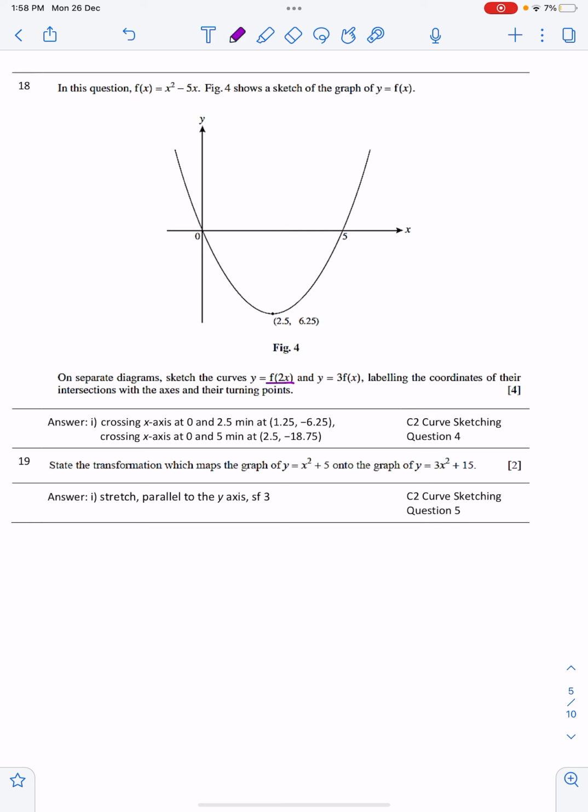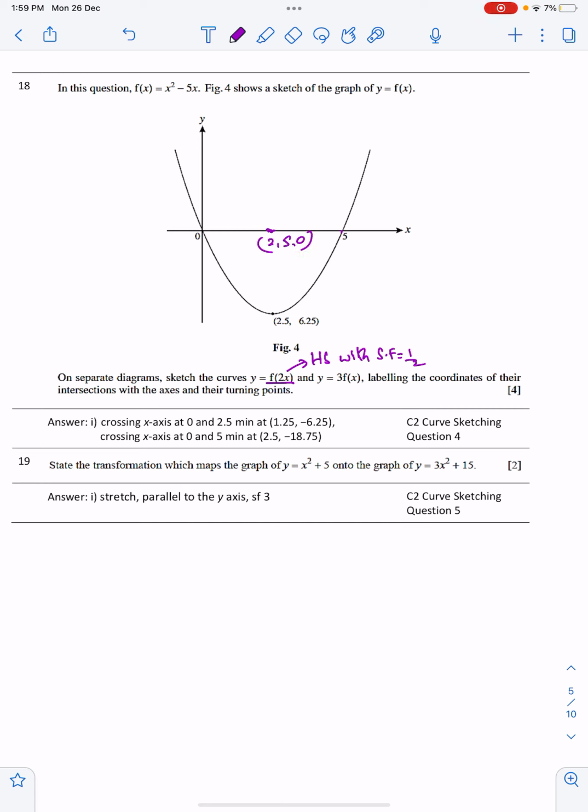So we know it's a horizontal stretch with stretch factor 1 upon 2. That means whatever is the distance from the y-axis, it will be halved. Okay, so it's 5 here, so this point is going to go on to 2.5 comma 0.